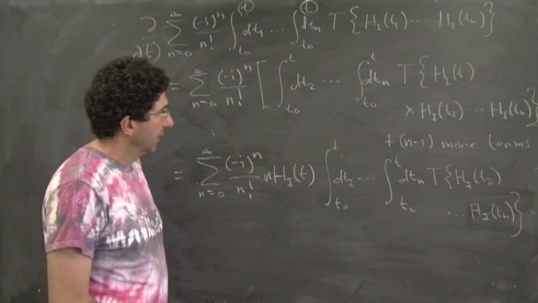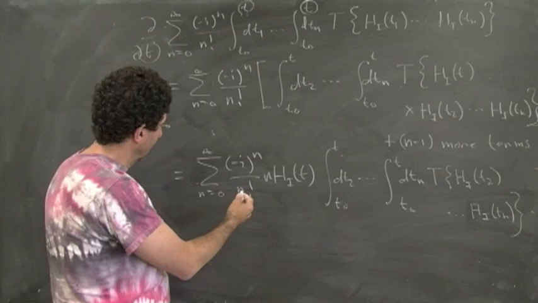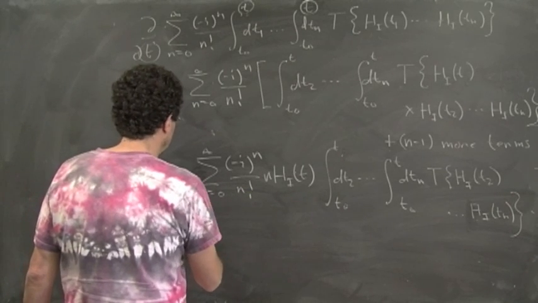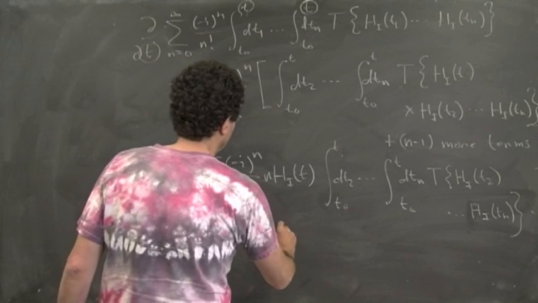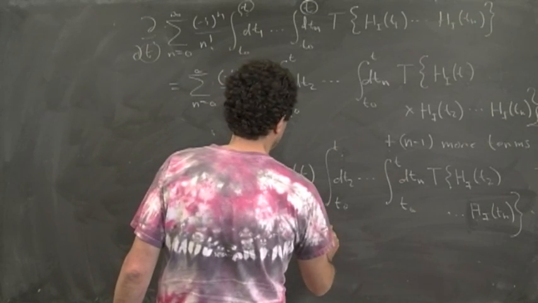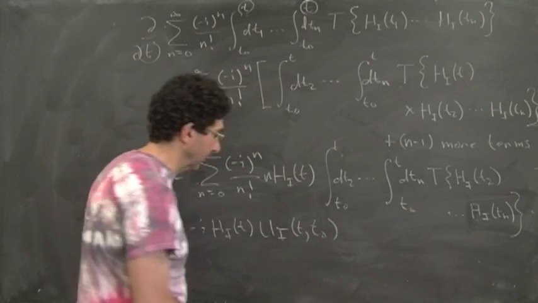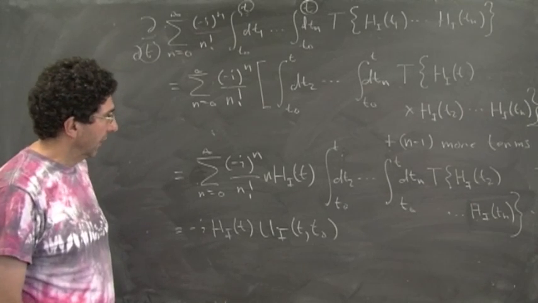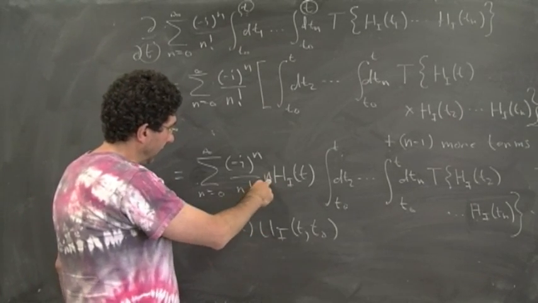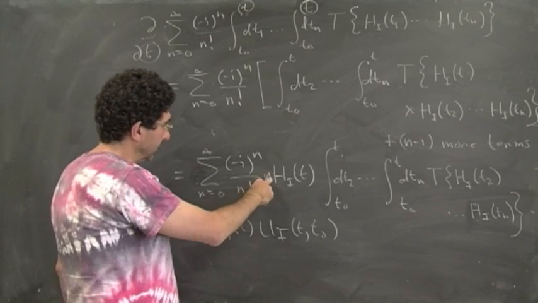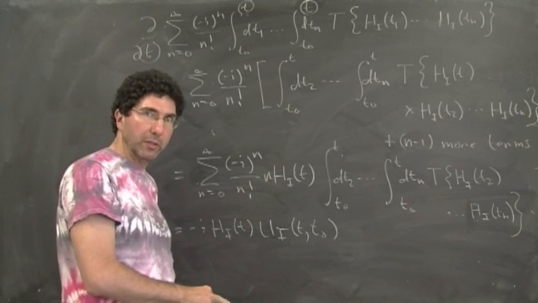Okay? Now, if I stare at this a little while, I will see that this is indeed exactly minus i H_I(t) times the whole thing that I had before, the whole time-ordered exponential I had before, right? So the reason is that this n divided by n factorial gives me an n minus 1 factorial, okay?